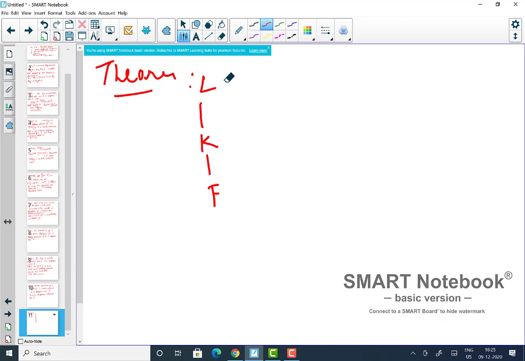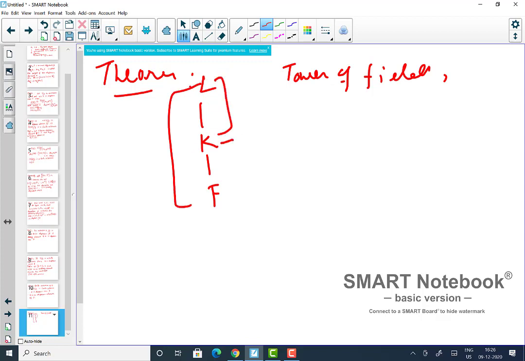So if you have this kind of tower of fields, let us assume this is finite. Otherwise, if infinite, the proof is almost trivial, because the infinity will force it. So L over F is also a vector space, and L over K is a vector space, and K over F is also a vector space, right? So now do we have any relation among the dimensions of these three fields?